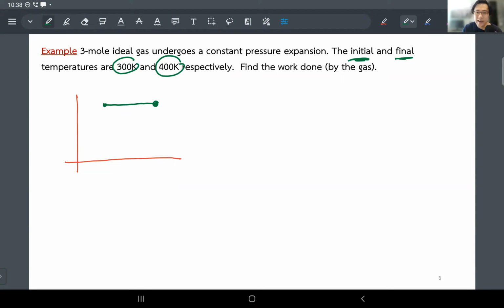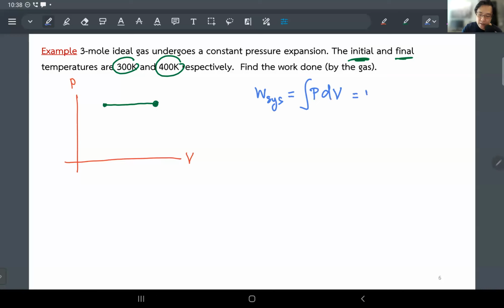All right, guys, try this one. You have a PV diagram. Let's start from the beginning, from the top. Work done by the system, let me put system over here, is the integral of P dV. So far, so good. Now they undergo a constant pressure expansion, which is fine.